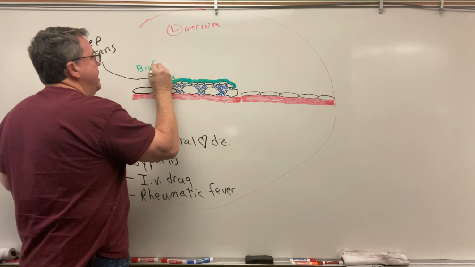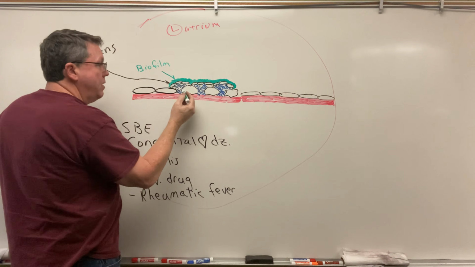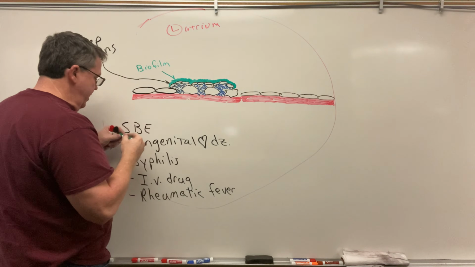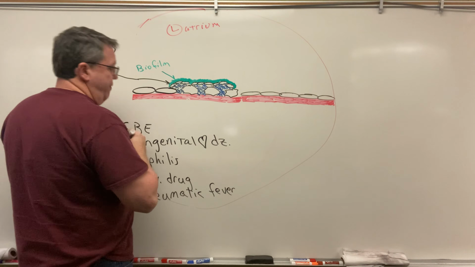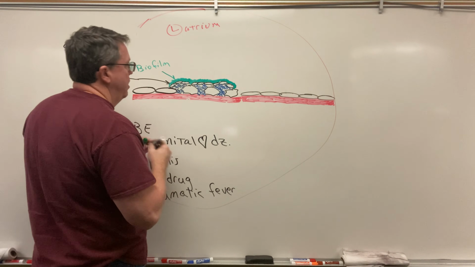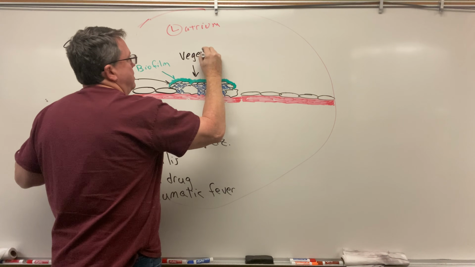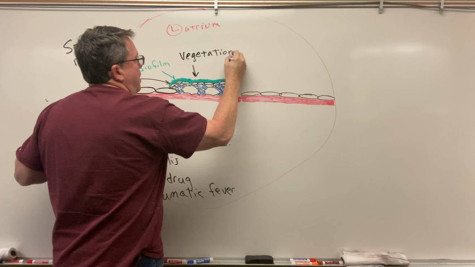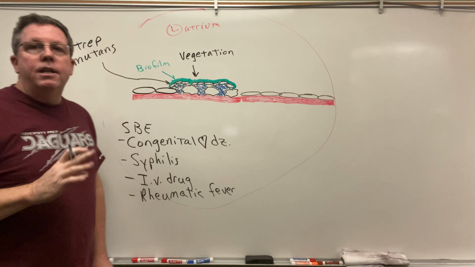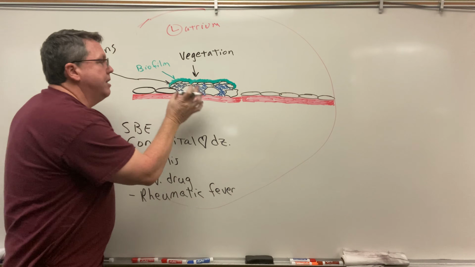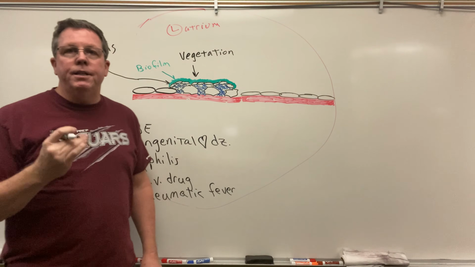Now, when I get the biofilm, and I got my platelets and my fibrin, and I have my bacteria, this is called vegetation. So this is my vegetation. All right, that's vegetation right there. For the most part, in subacute bacterial endocarditis, it does not cause further damage to the valves.